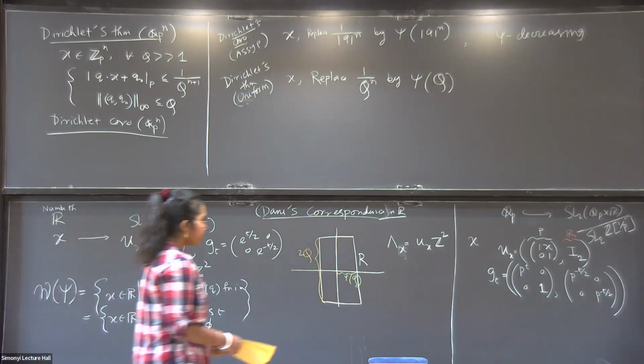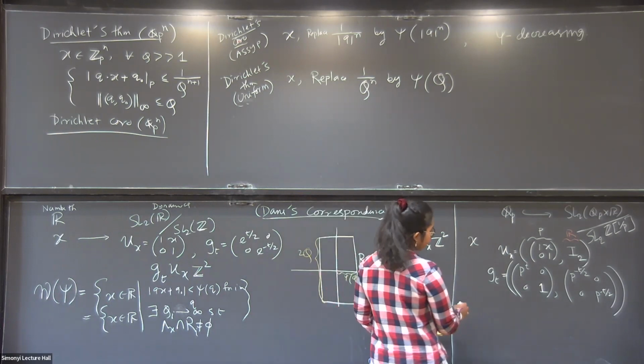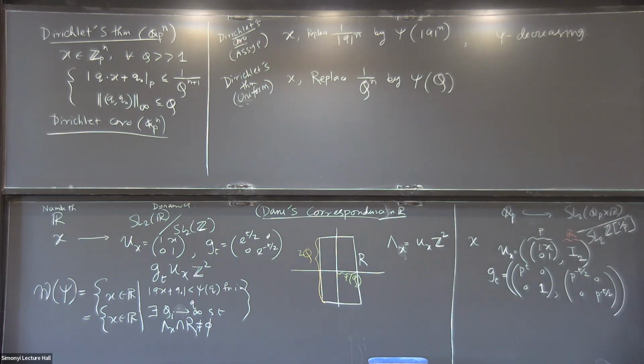Yeah, so let me write down the points in the lattice. So I can do it here. Okay, so what are the typical points in GT UX? Say 1/p^2.